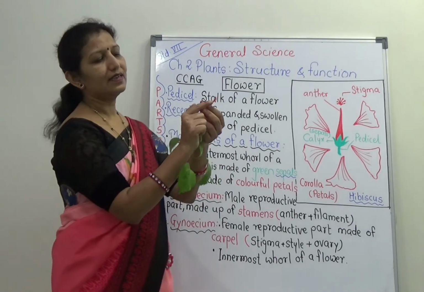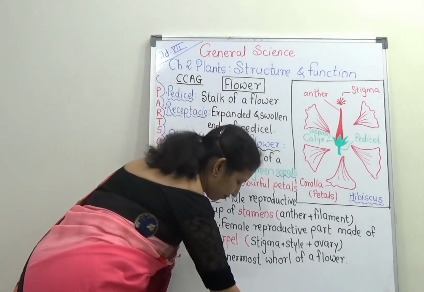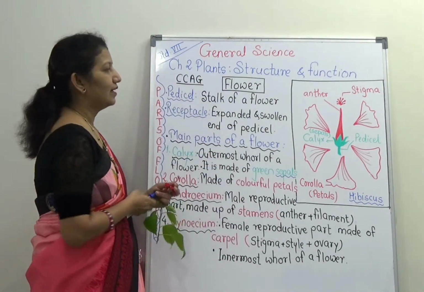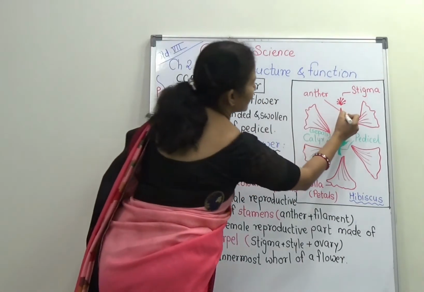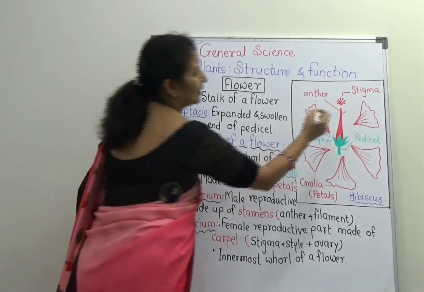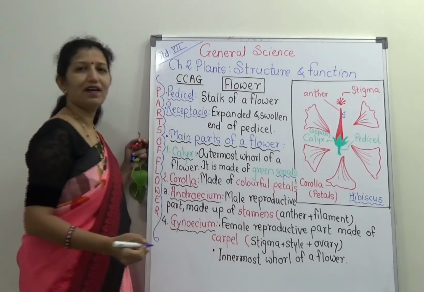See, there are stamens here. These stamens are like this. See, I don't have yellow color here. Otherwise, I must have shown it. See, like this. There are so many stamens here. You can see in your flower.